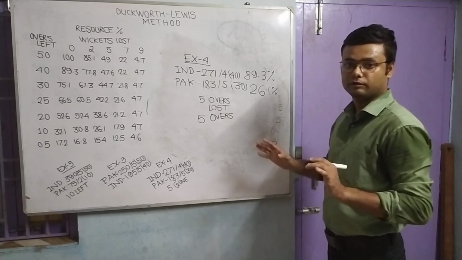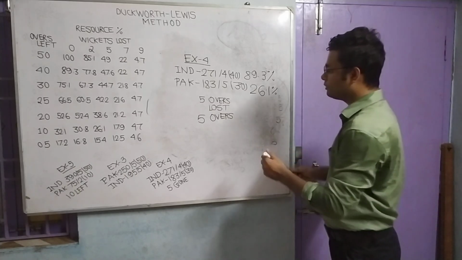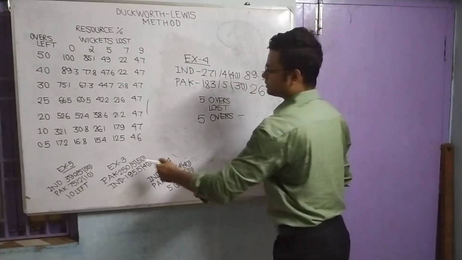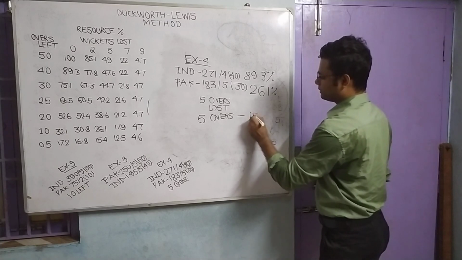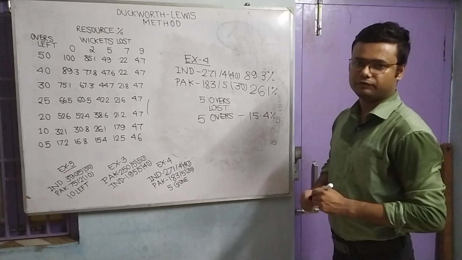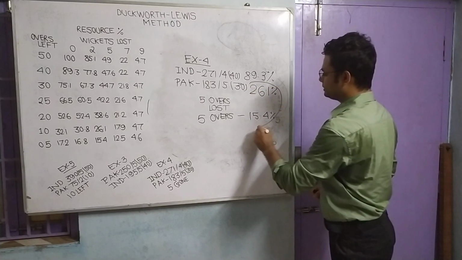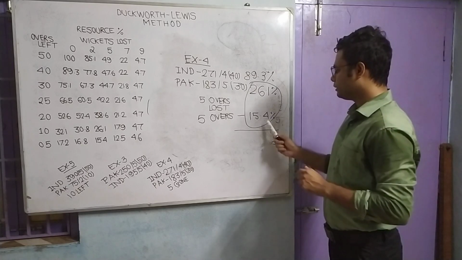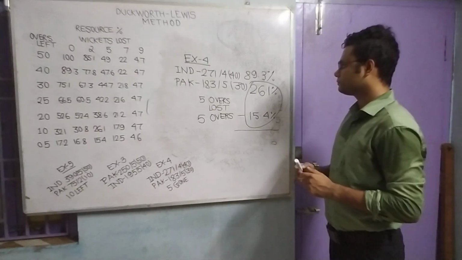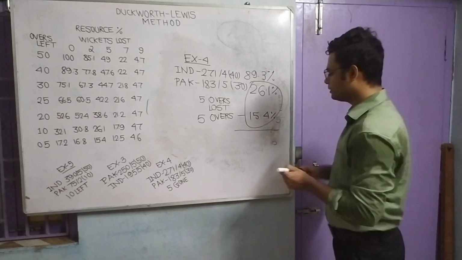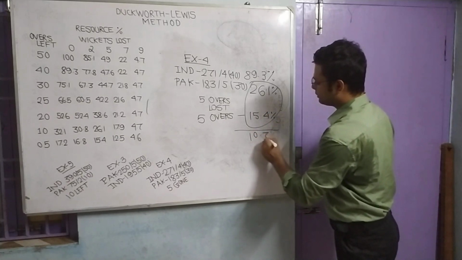they now have 5 overs left. So with 5 overs left and 5 wickets in hand, they have 15.4% resource left. Now they lost some resources. By subtracting 15.4 from 26.1, we get 10.7.